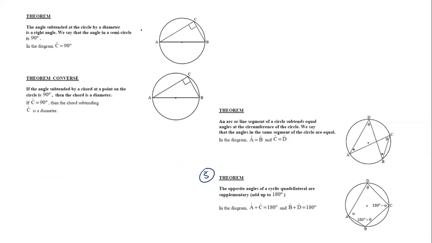So now this is what is happening. If you have a circle, just like this, and then you have a quadrilateral inside of the circle. I don't care what this quadrilateral looks like.